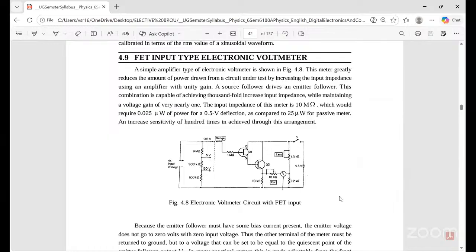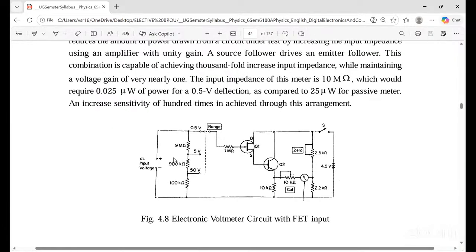So in the electronic voltmeter circuit with the field effect transistor, a simple amplifier type electronic voltmeter, here there is a DC input voltage, positive terminal, negative terminal. Three resistors are there: 9 mega ohms, 900 kilo ohms, 100 kilo ohms. The three voltage ranges are 0.5 volts, 5 volts, 50 volts.